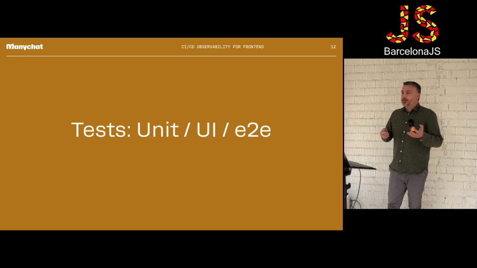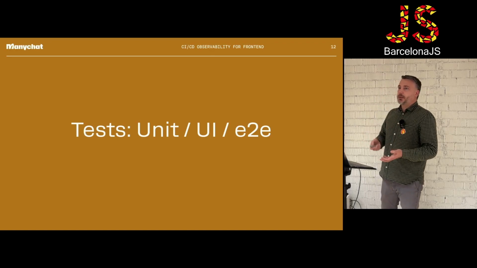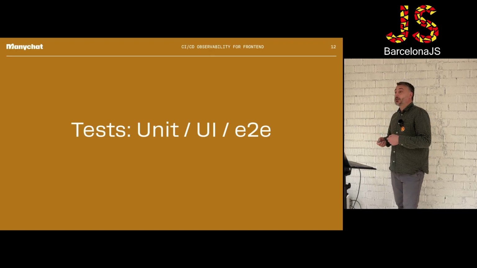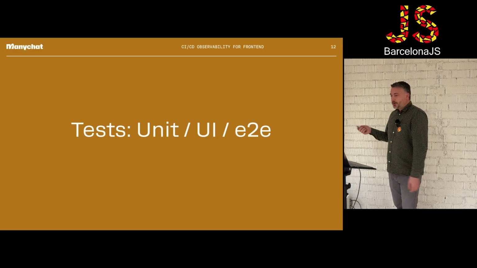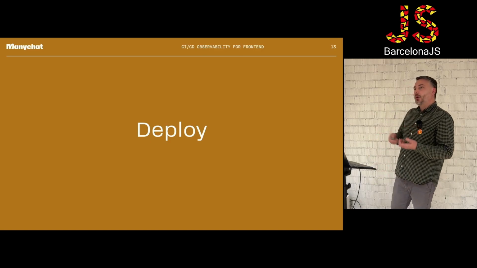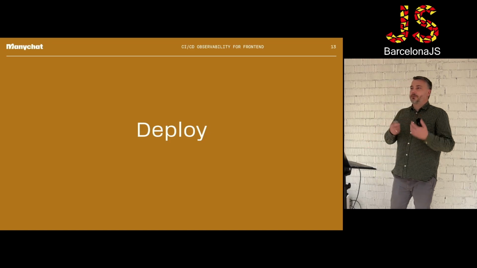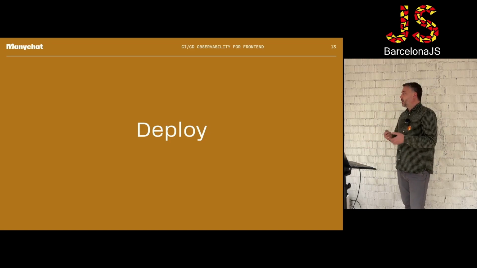And of course, the tests: unit tests, UI tests, end-to-end tests. We should measure and understand what time they cost us, what resources they cost us, and of course, the deploy of the result. We should understand how much time we spent on deploy, how fast it is, and how we should improve it.